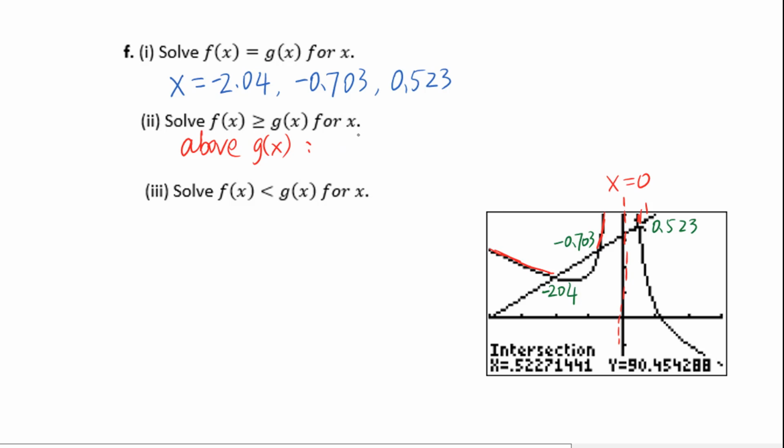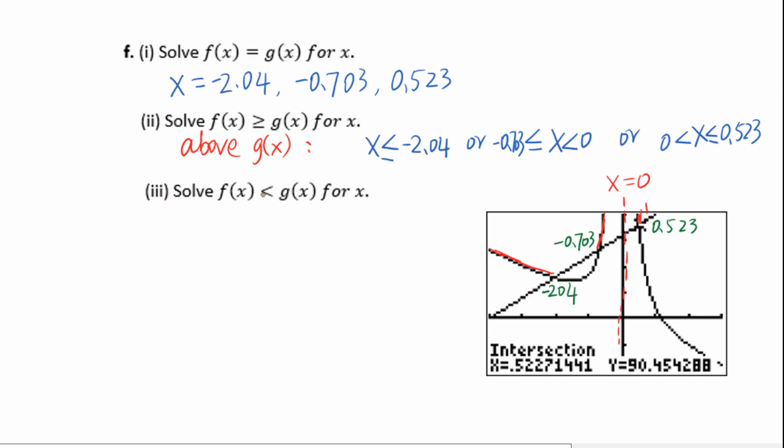So we can write down the solution. x less than or equal to negative 2.04, or x greater than or equal to negative 0.703, less than 0, or x greater than 0, less than or equal to 0.523. Let's go to number 3.